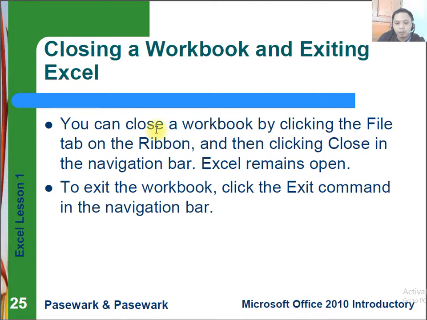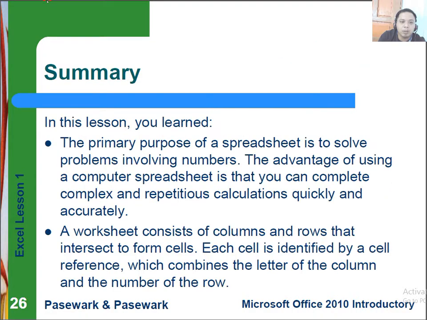So kung gusto natin i-close din yung Excel, we need to click the File button and Exit, or you can also use the close button, yung red button sa may upper right corner. To exit, click the Exit command in the navigation bar. Yan.